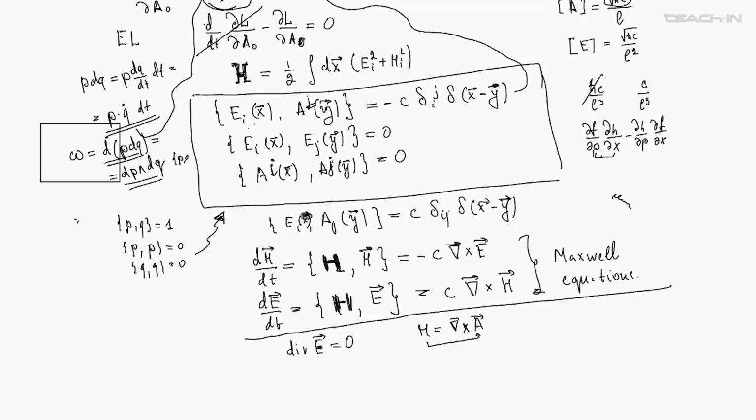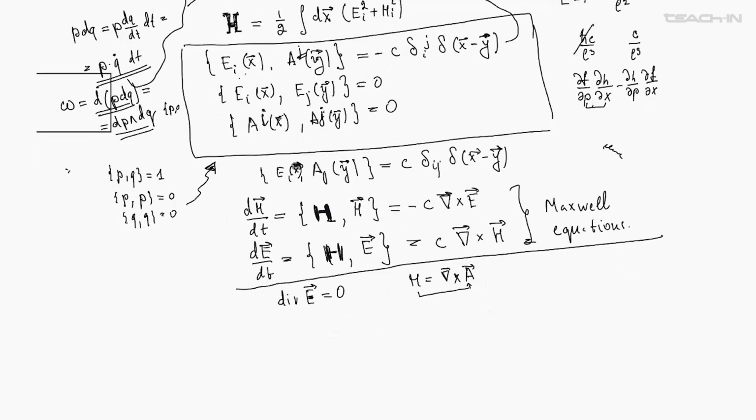H is not an independent field; it is understood as a curl of A. So in this way, you reproduce all Maxwell equations. The main equations for the dynamics of H dot and E dot are obtained as really Hamilton's equations, where the role of the Hamiltonian is played by the energy of the electromagnetic field, and Gauss law appears to be a constraint.